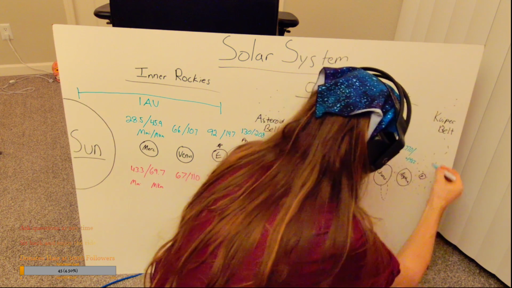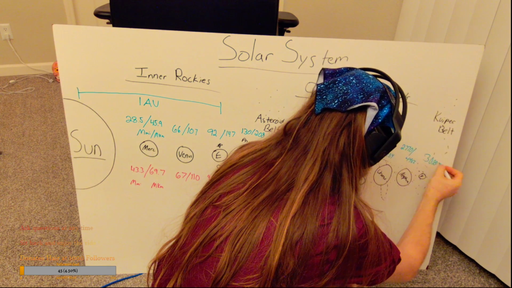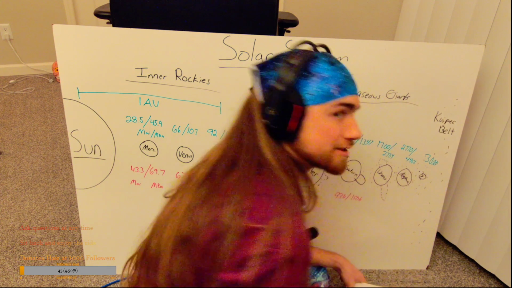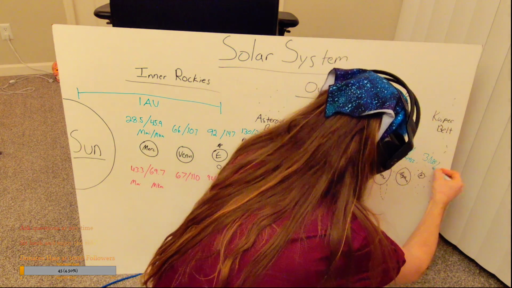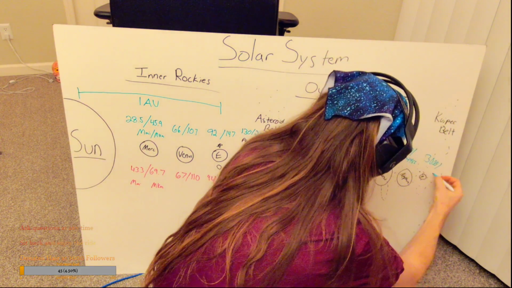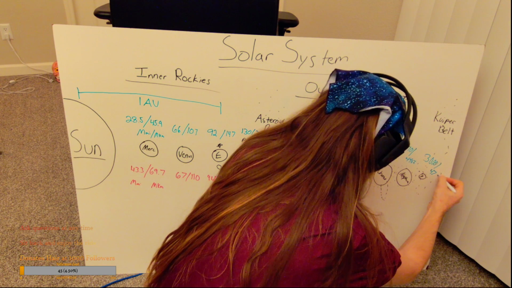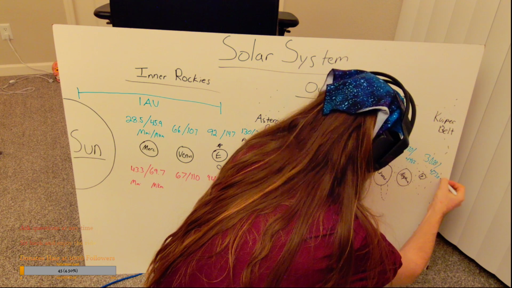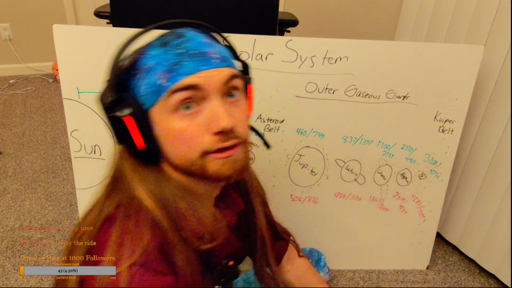And lastly, Pluto is at essentially 3,000 million miles, so he's 3 billion miles away from the sun. Or if you prefer, 4.7 billion kilometers, excuse me, from the sun. All right, glad that's done.